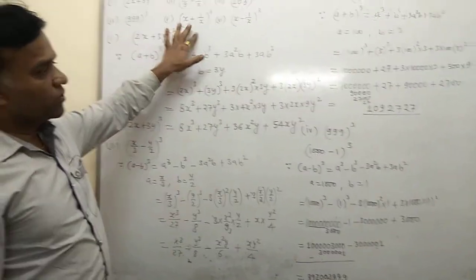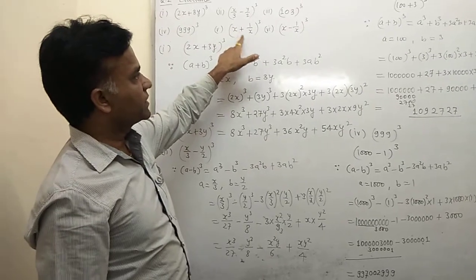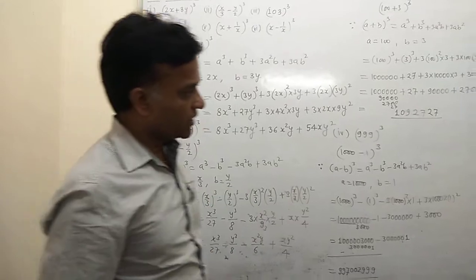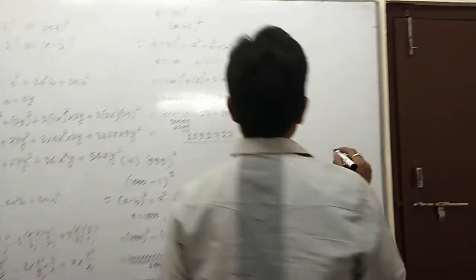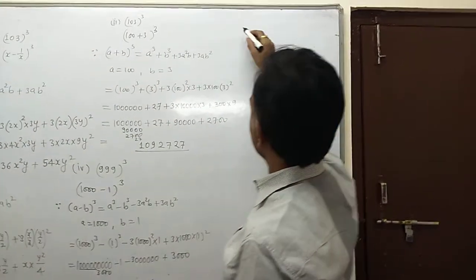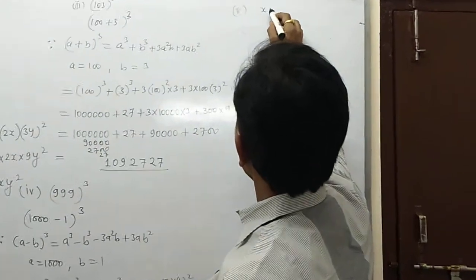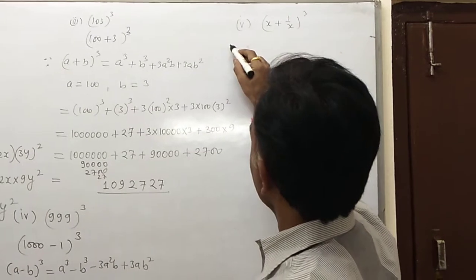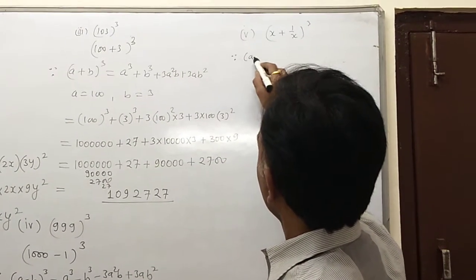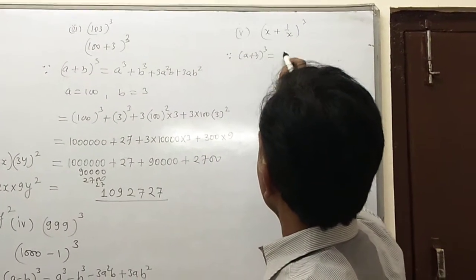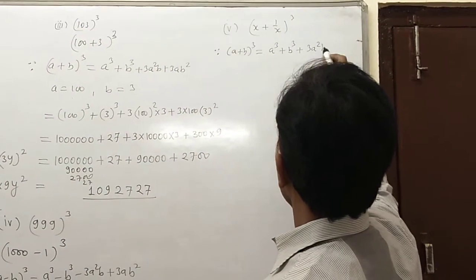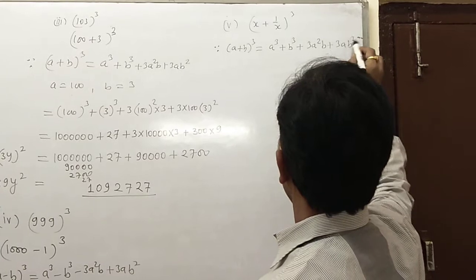One more question related with the whole cube, but now the second part is a fraction. This simplifies again very easily. You have (x plus 1 by x) whole cube. Use the identity again: (a plus b) whole cube, which is a cube plus b cube plus 3a square b plus 3ab square.